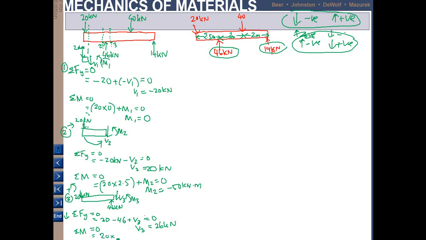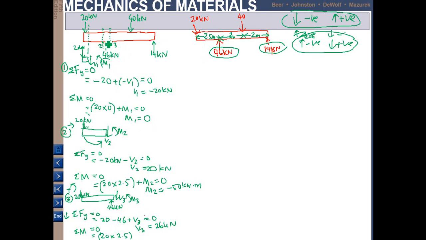20 times the distance, which is actually 2.5 to this point, so 2.5 times 2.5, and then you have this RB, which is 46.